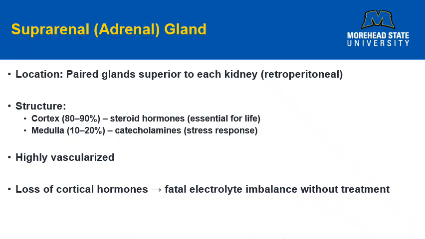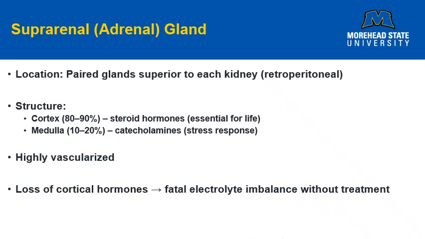All right, and it kind of makes sense because you need these certain things to get quicker to certain regions, right? Steroid hormones, like I said, essential for life. So it's prioritized that these get to where they need to be as quick as possible, and the stress response is kind of tied in with your fight or flight.